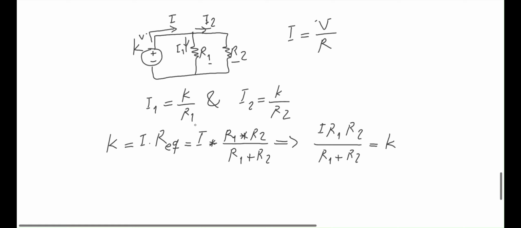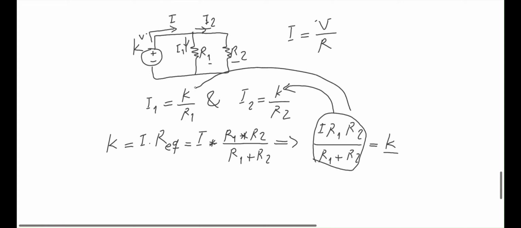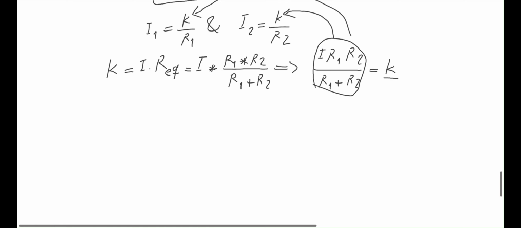From here, I want to substitute this outcome for K into each one of these currents. Let's see what is the outcome. From the first one, we have I1 equals K, which is I R1 R2 over R1 plus R2, times 1 over R1.